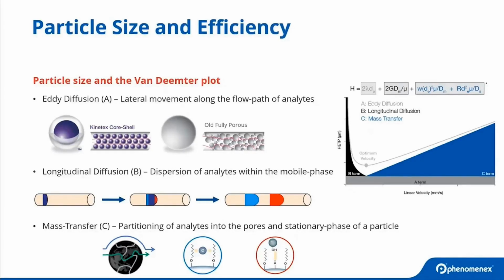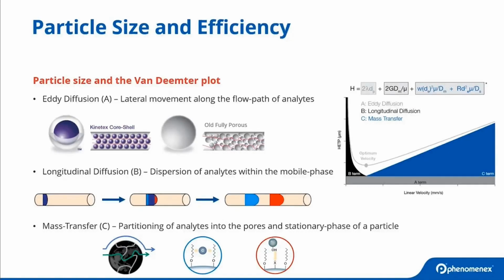With mass transfer, we need to be mindful of allowing molecules an opportune moment to partition into and out of the particles such that when one molecule is traveling through a pore and another molecule is traveling around a particle, we want to make sure that they stay together with respect to the length that they've both traversed along the length of the column.